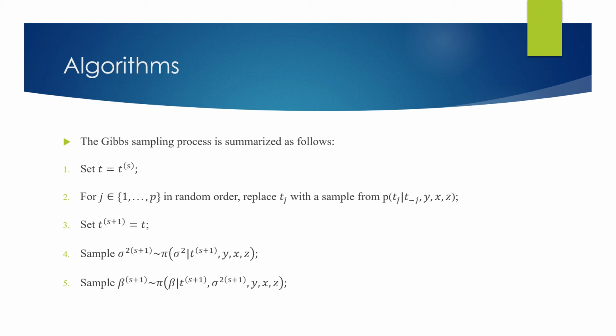Then we get the new value of t, and then we can sample a new value of sigma squared from its full conditional distribution. And similarly, we can also sample a new value of beta from its full conditional distribution, and then we repeat these procedures until convergence.